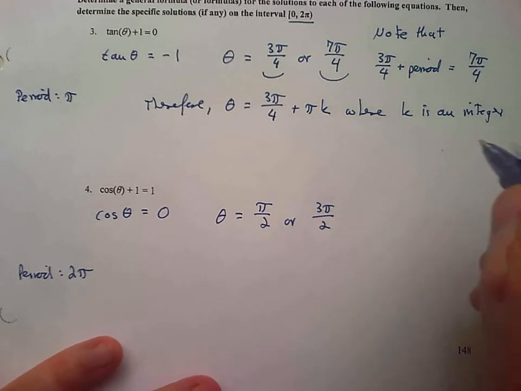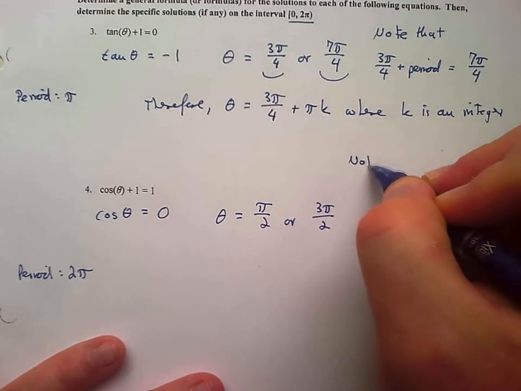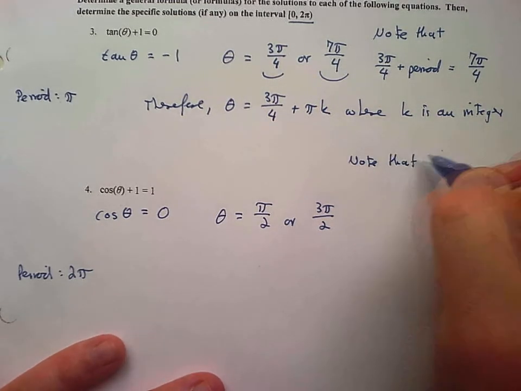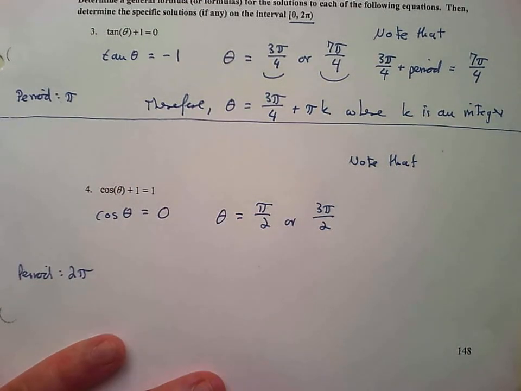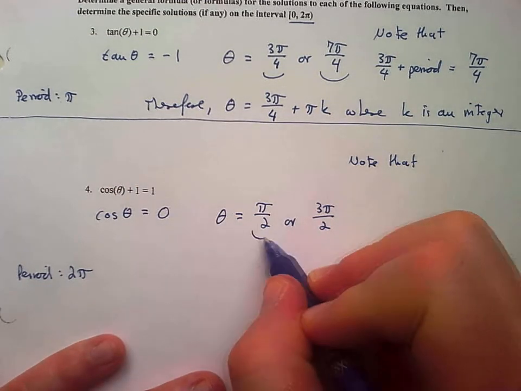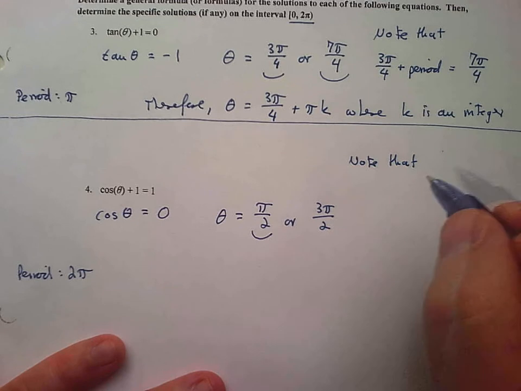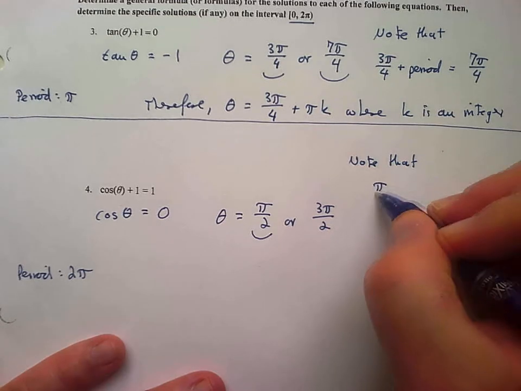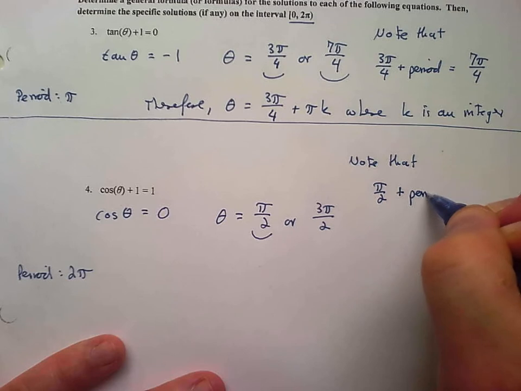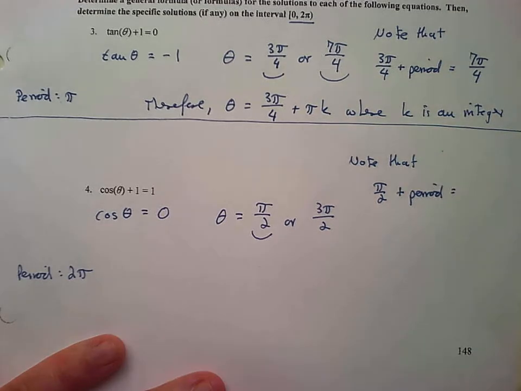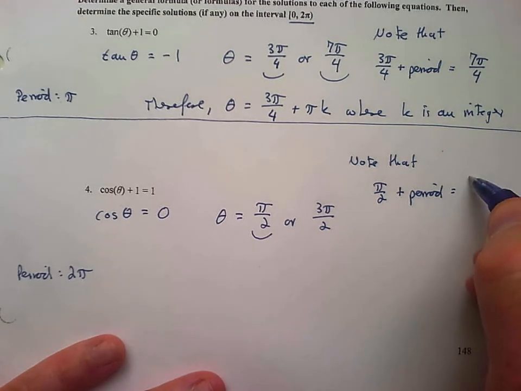So let's see what that means. Just like we did before, I'm going to say note that, so I'm going to encroach a little bit on the space on the previous problem. But if we start off with this first solution that we have, and that is pi over 2, if we add the period to it, this is going to end up being 5 pi over 2.